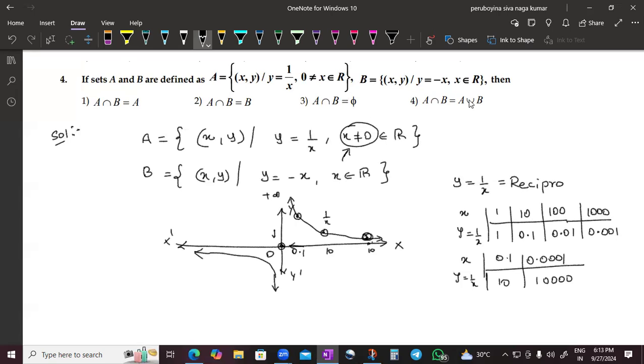What happens if 0 was taken? We cannot predict because the right side value is plus infinity. At 0, the left side value is minus infinity. Look at the graph. Right side plus infinity, left side minus infinity. So this is the 1 by x graph, y is equal to 1 by x.